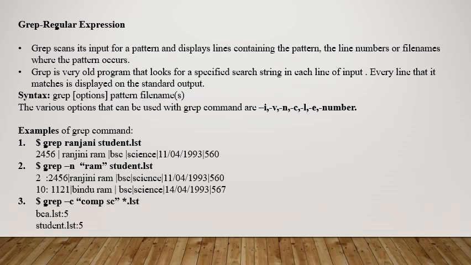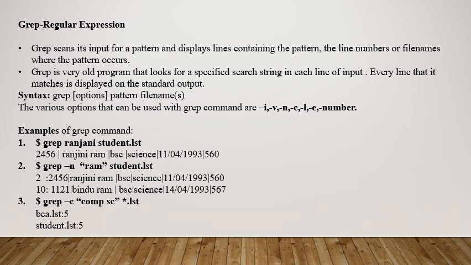student.list, and this counts the number of lines. You can see the number of lines are 5 and 5. So -c will help you count the number of lines with the given pattern computer science in each file, like student.list and bca.list, and displays the same.